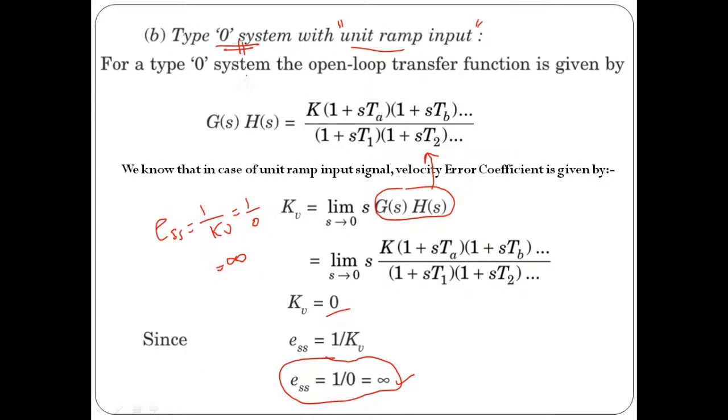If you are dealing with a system that does not have any pole at origin, that means it is type 0 system, then if you are interested to analyze the behavior of that system, don't take unit ramp input signal, because the moment you provide unit ramp input excitation to that system, the value of steady state error is going to be infinite, ideally, theoretically, as high as possible. So we cannot determine the behavior of a type 0 system with unit ramp input signal. That is important.